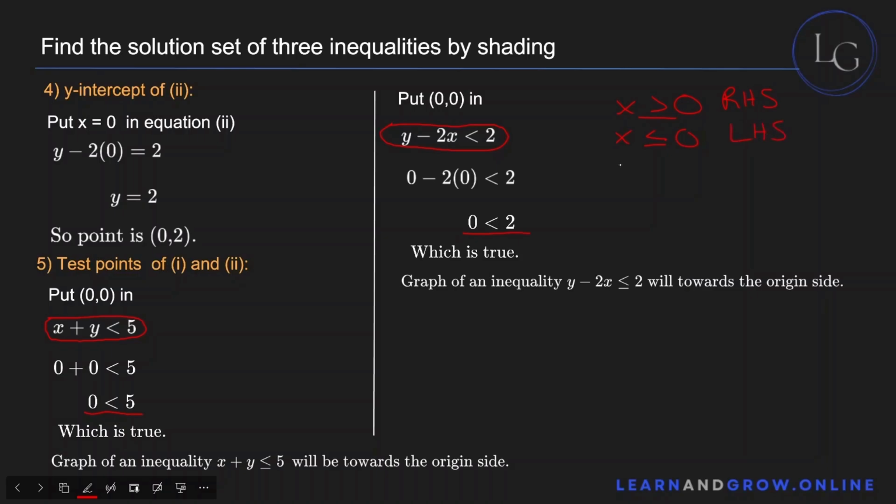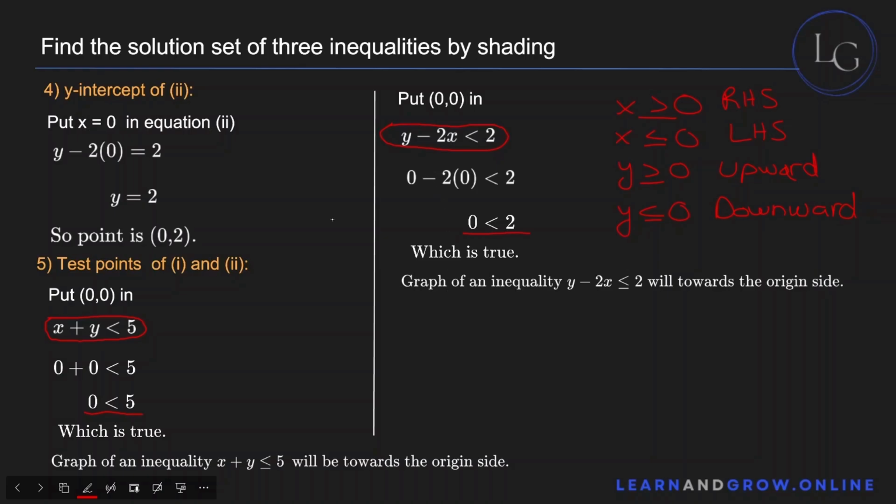Similarly, if you had an inequality y is greater than or equal to 0, the associated equation would be y is equal to 0, which is the x-axis, right? So when y is greater than or equal to 0, the upward side. And when y is less than or equal to 0, the downward side, right? So these are just simple rules that you have to follow.